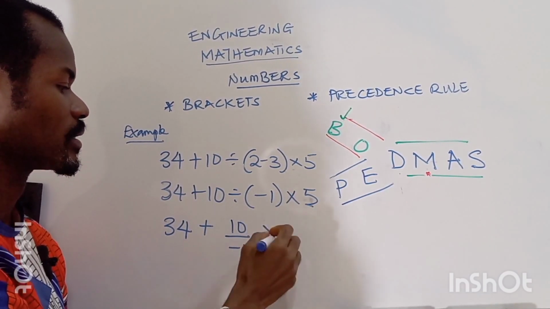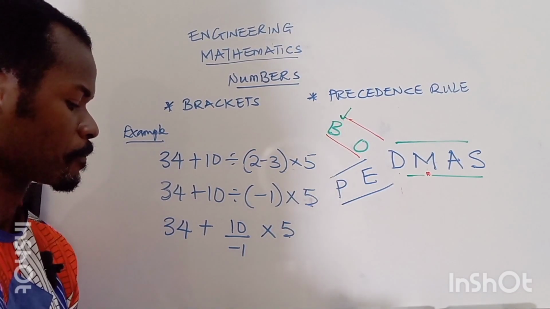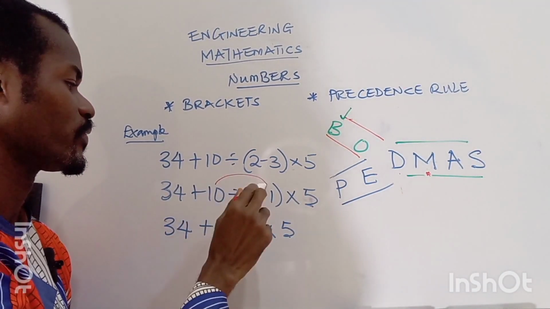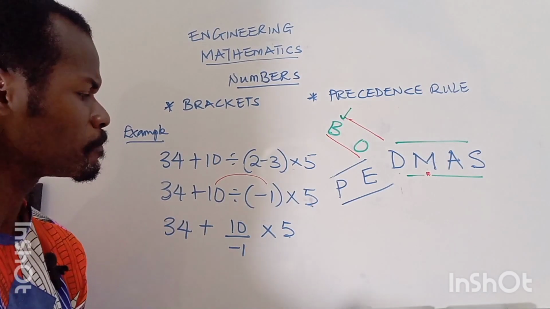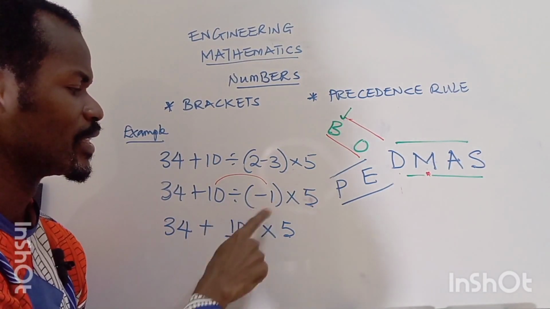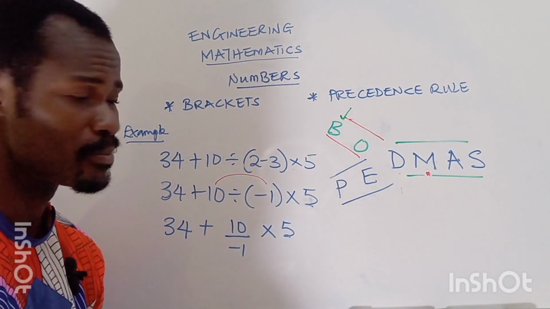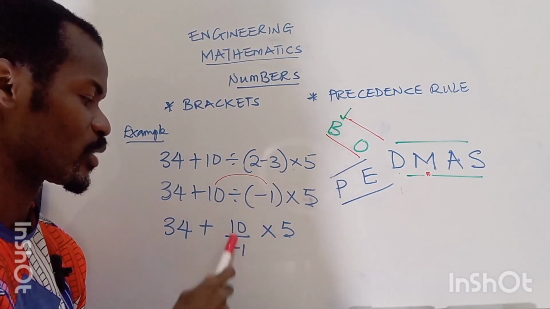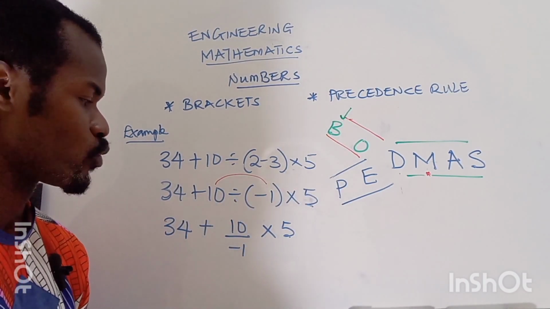Minus 1 times what? 5. Okay, so we are actually working on division first. Okay, now this bracket covers this as what? A number. This is treated as a number. So this is 10 divided the number minus 1. Okay, that we are working on.